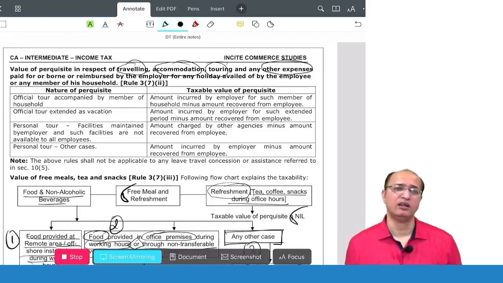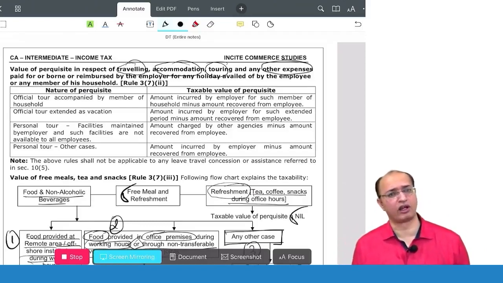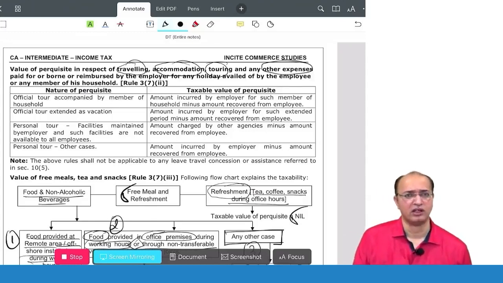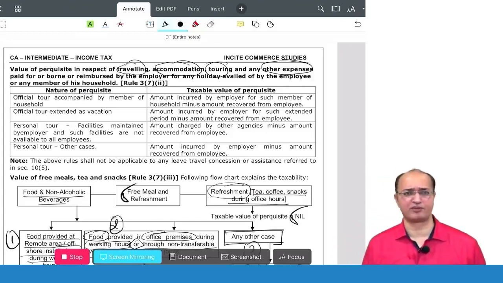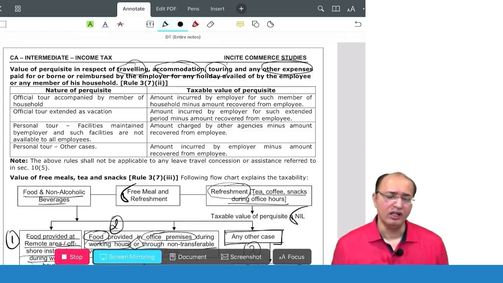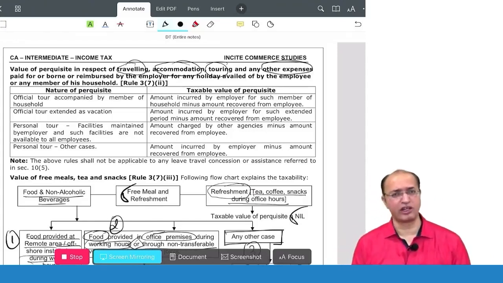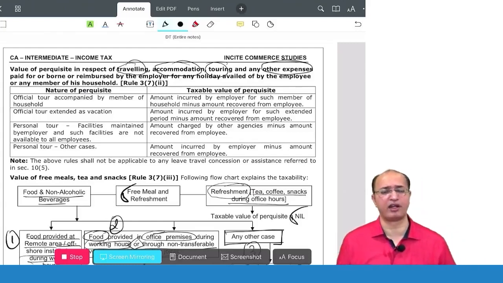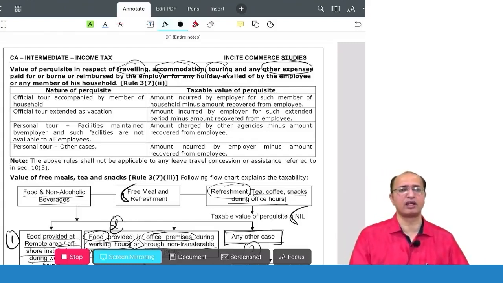Number 3, you did not go there to stay in a hotel. You go there to visit different places. So you will incur touring expenses and other expenditure. Touring expenses, and then whatever balance expenditure is left, we can put it into other expenditure. So this point is covering 4 expenditures. Number 1, traveling. Number 2, accommodation, number 3, touring, number 4, other expenses.